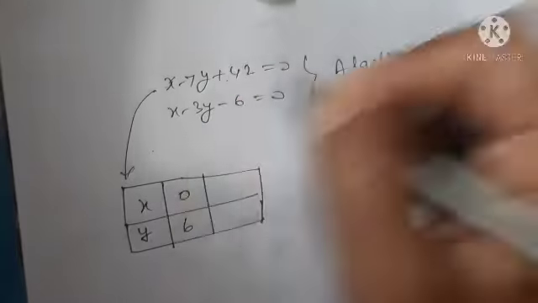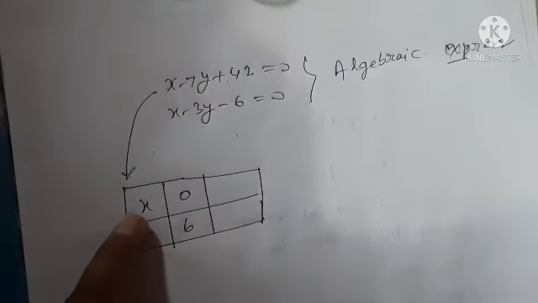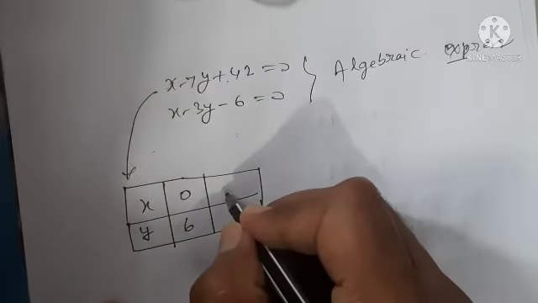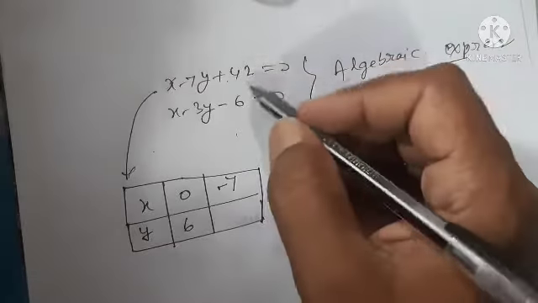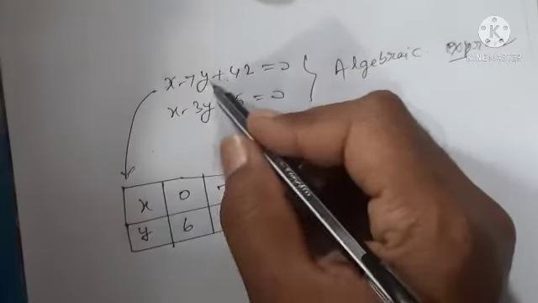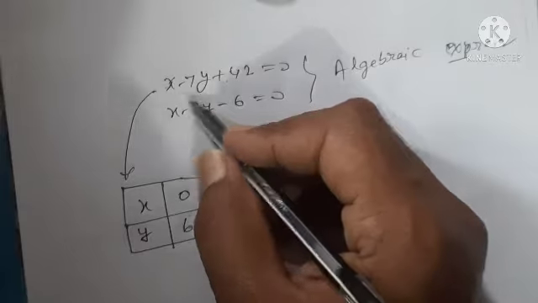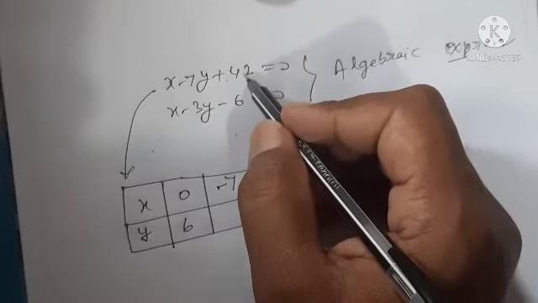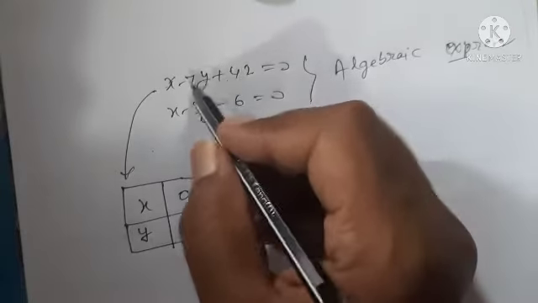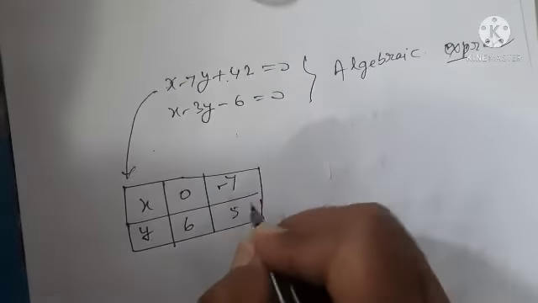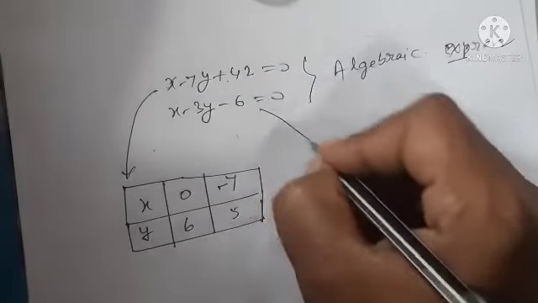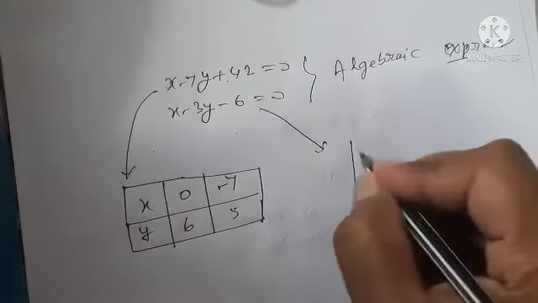Put another value of x. Let x is equal to minus 7. Then x is equal to -7, so this will be 42 minus 35, y is equal to 5, then y will be 5. Okay, now prepare the table of this linear equation.